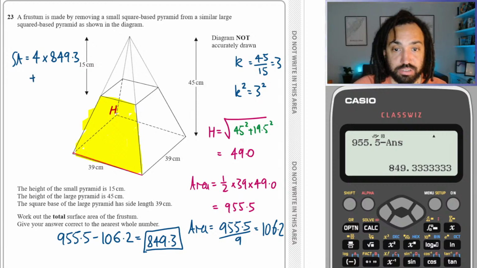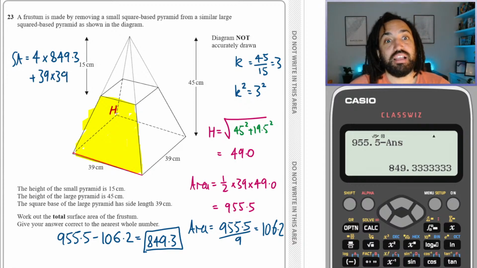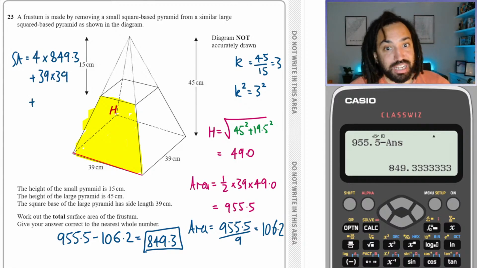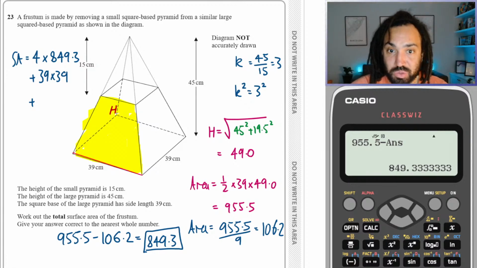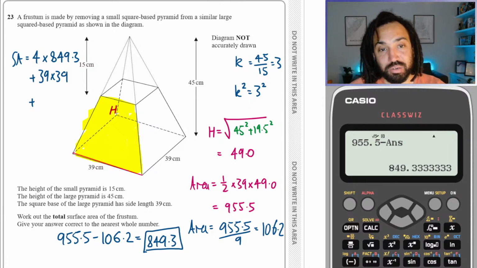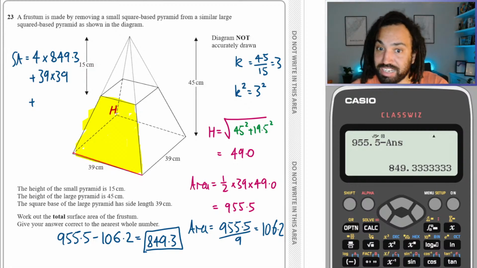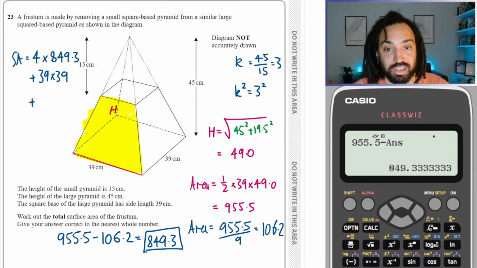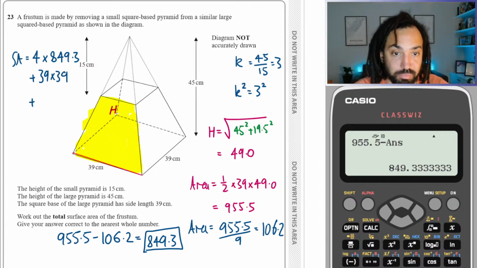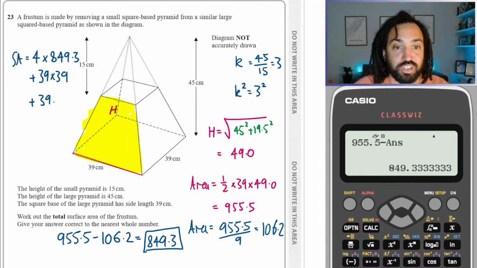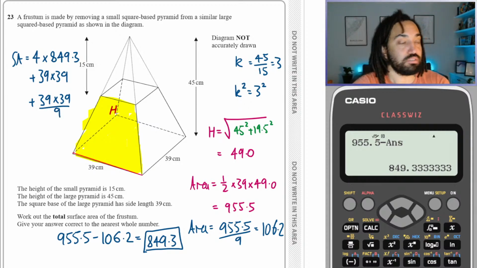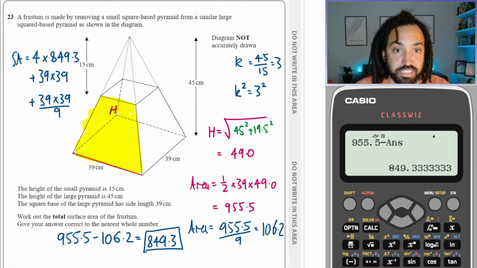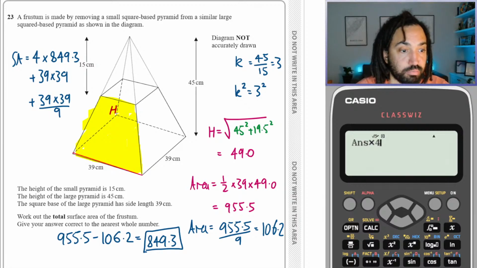And I'm going to have to add on the base, which is a square, which is 39 times 39. And I'm going to have to add on the other square on top. Now, what's the other square going to be? Well, again, we're going to use the scale factor. It's going to be 9 times smaller than the base of the big shape. So it's going to be 39 times 39 divided by 9. Okay, so I'm going to take this number and times it by 4.